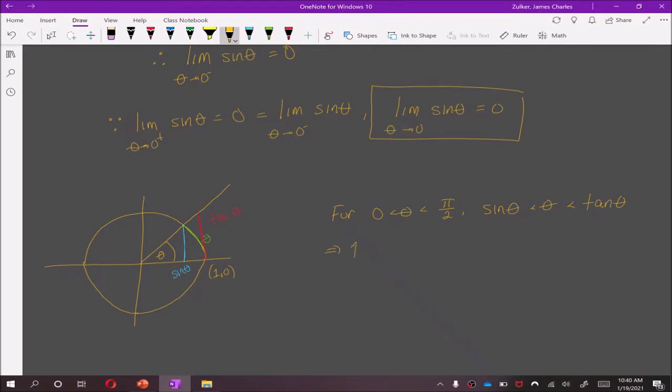This will allow us to write that 1 is less than theta over sine of theta, which is less than tangent of theta over sine of theta, which reduces to 1 over cosine of theta.